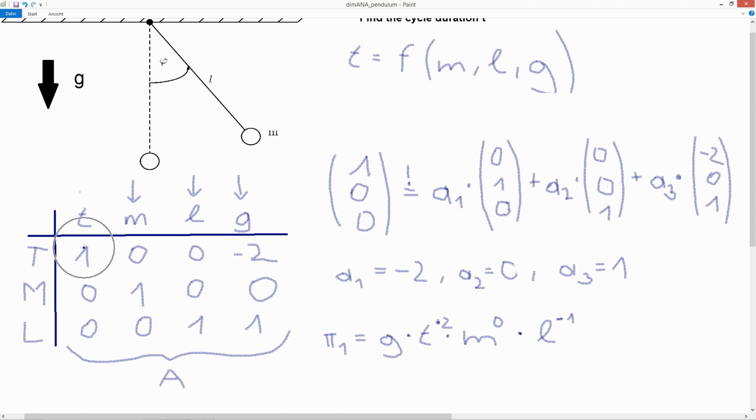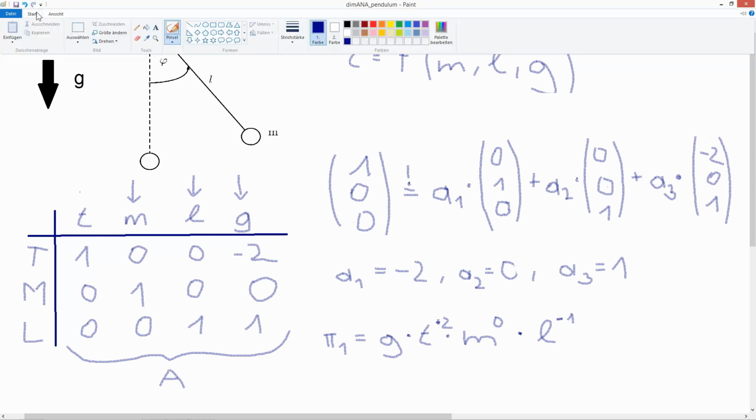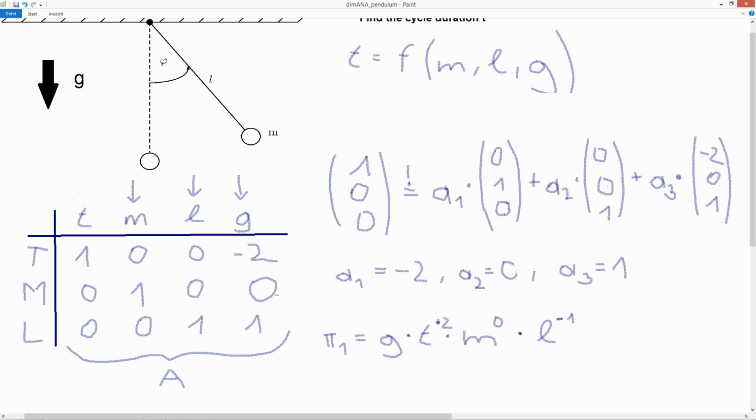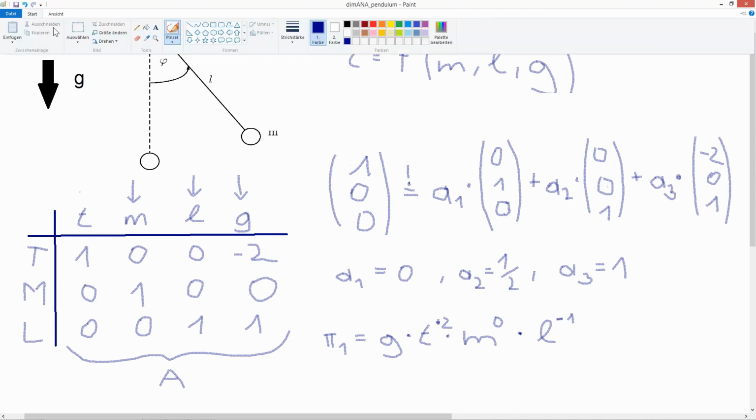So the t column has to be a linear combination of these three columns here. And when we solve this equation system here, we get a1 has to be 0. a2 is 1 half. And a3 is minus 1 half.